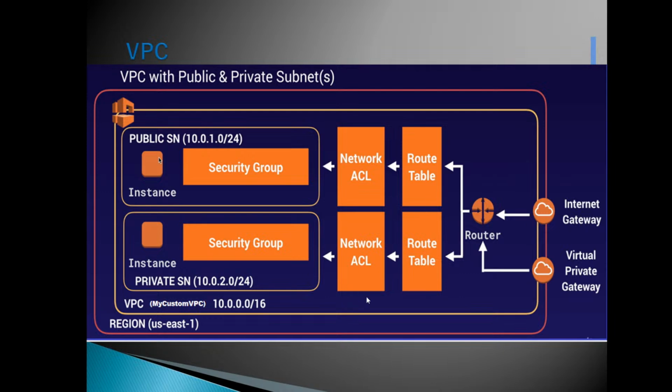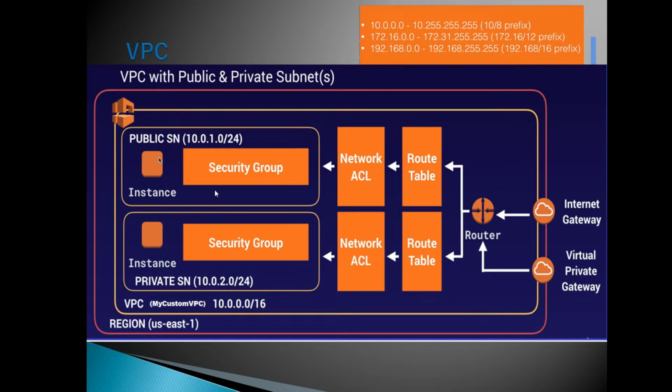Then there will be public and private subnets, security groups, then EC2 machines, NACL, and so on. There are a couple of more things. Right now, this diagram might not be comfortable to see, but we are going to cover it one by one and create this complete diagram, and we'll understand how you can create your own custom VPC. Why a custom VPC is required, we will cover next.